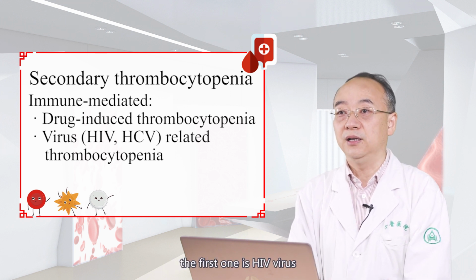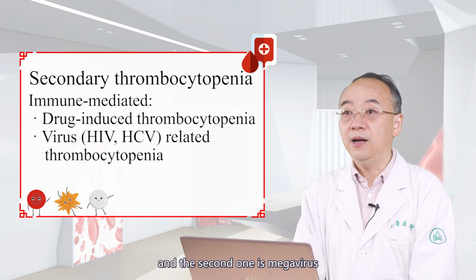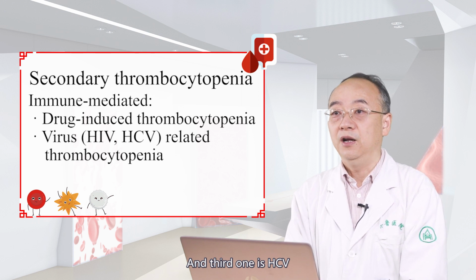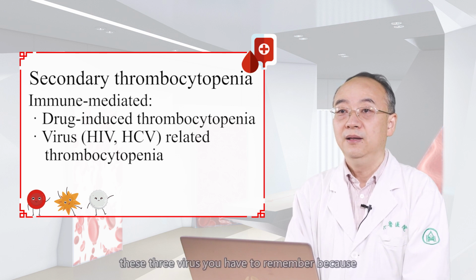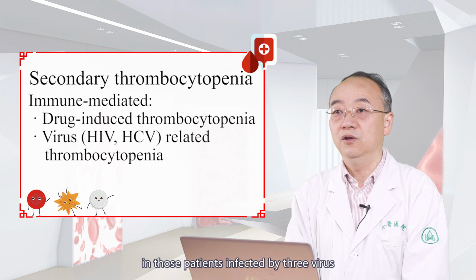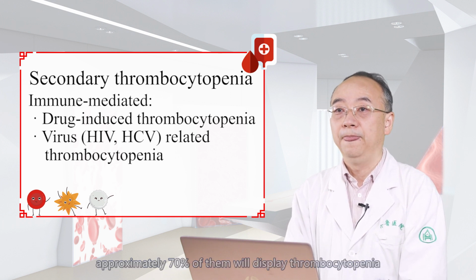The first is HIV, the second is cytomegalovirus, and the third is HCV, that is hepatitis C virus. You have to remember these 3 viruses, because among patients infected by them, approximately 70% will display thrombocytopenia.